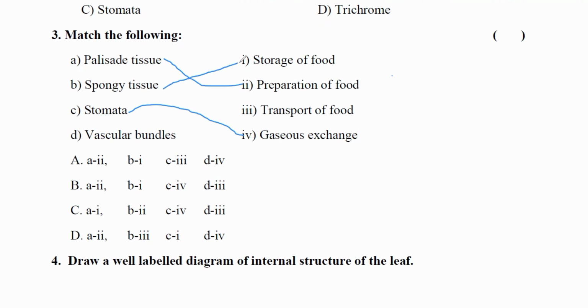Spongy tissue is responsible for storage of food. Vascular bundle is transport of the food. So the answer is: palisade, preparation of food, A2, B1, and C4.